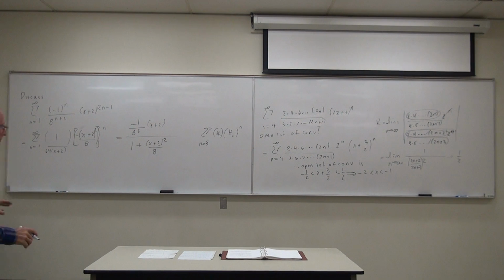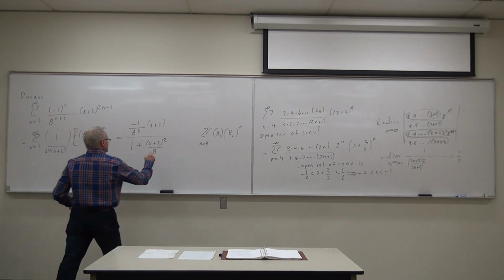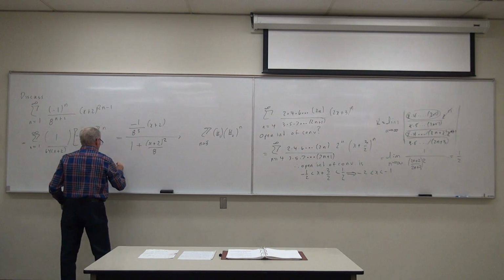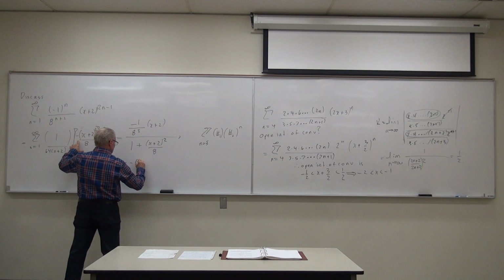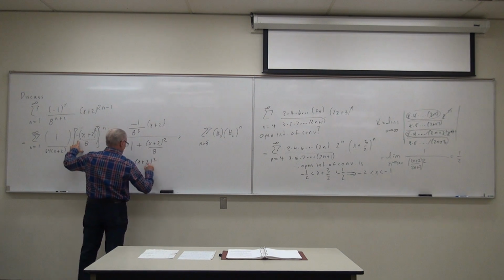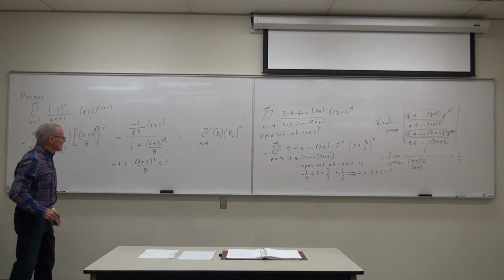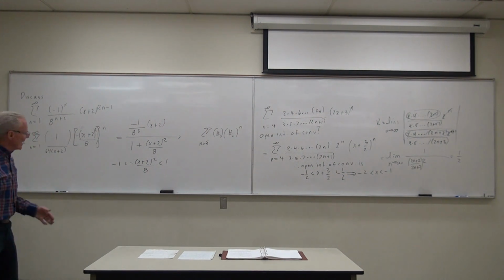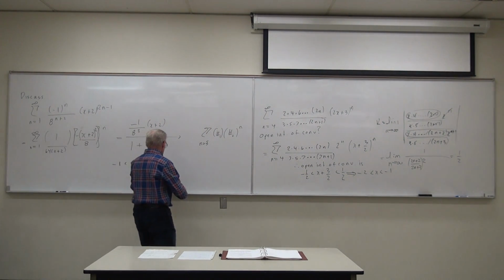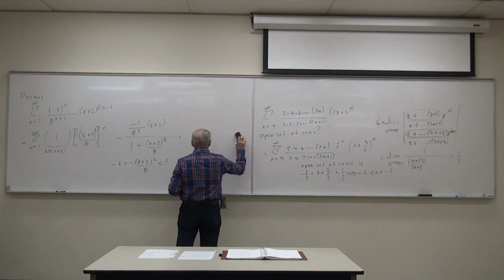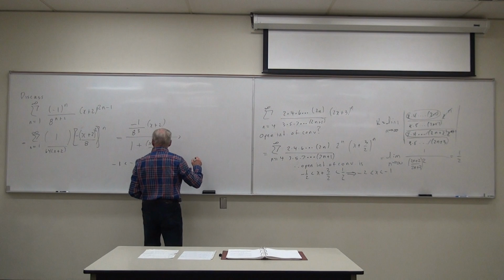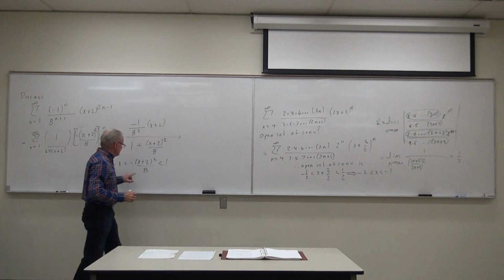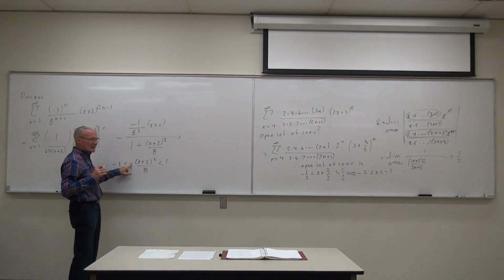Simply because it's geometric. And we can say valid for common ratio, this guy here, minus x plus 2 squared over 8, between minus 1 and plus 1 for geometric series. And we can simplify that. Let's multiply by minus 8, and I don't like this minus sign.